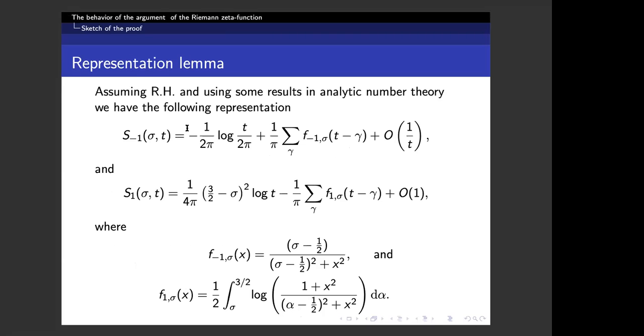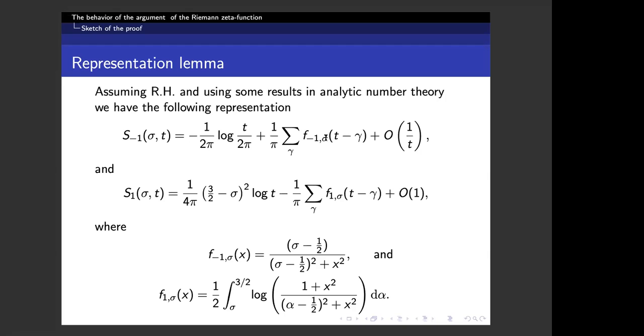So, assuming the Riemann hypothesis and using, for example, Hadamard factorization, we can obtain that S minus sigma t, that is the real part of zeta prime over zeta, has this representation: 1/2 pi log t over 2 pi plus 1/pi multiplied by a certain sum over the ordinates of the zeros of zeta, of a function evaluated at t minus gamma.